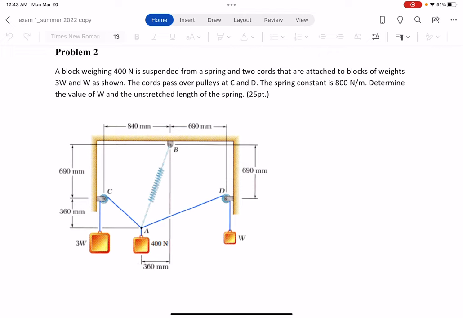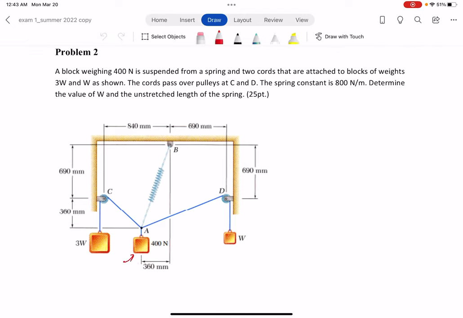Let's look at this problem. This block weighs 400 Newton. It's suspended from a spring and two cords that are attached to blocks of weights 3W and W, as shown.